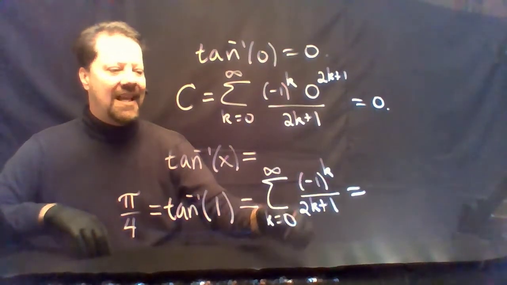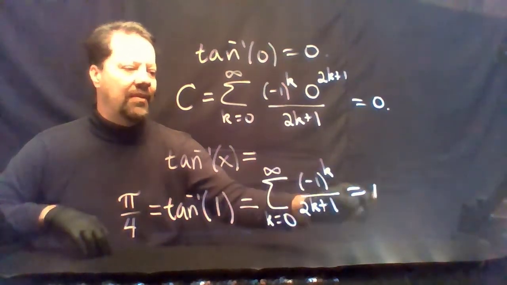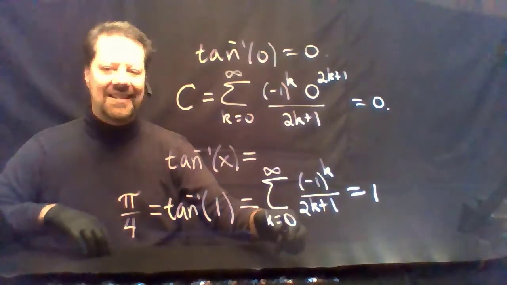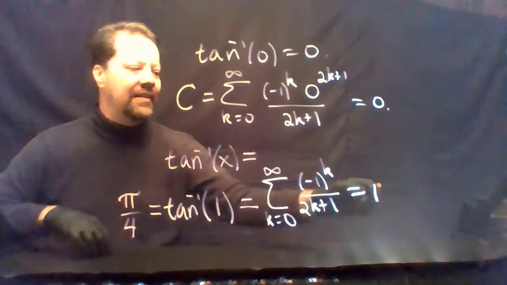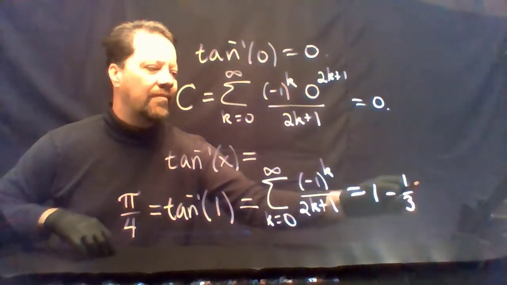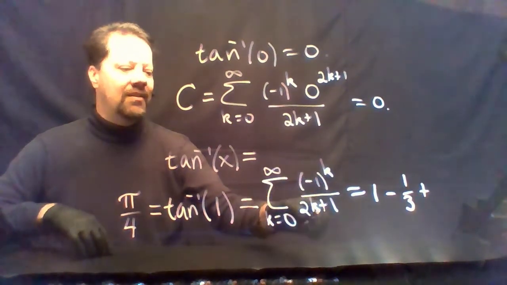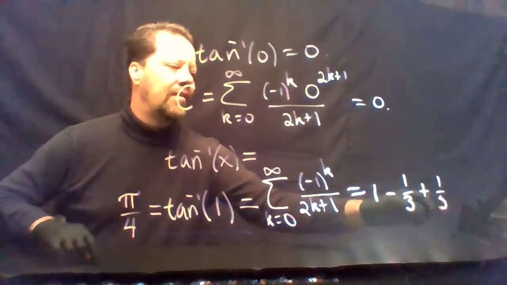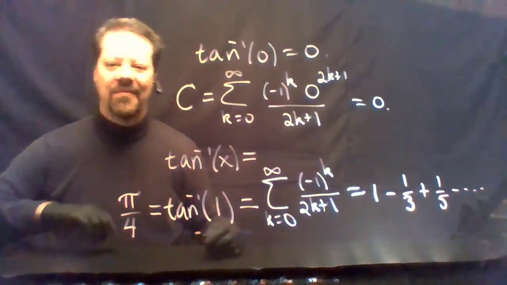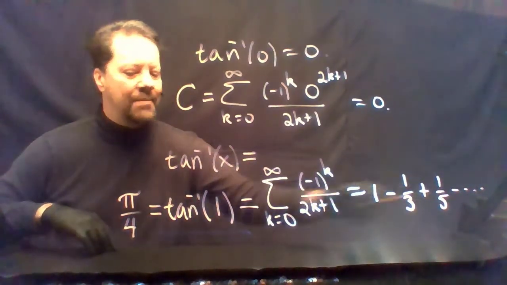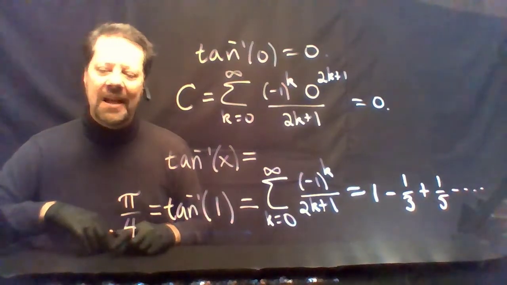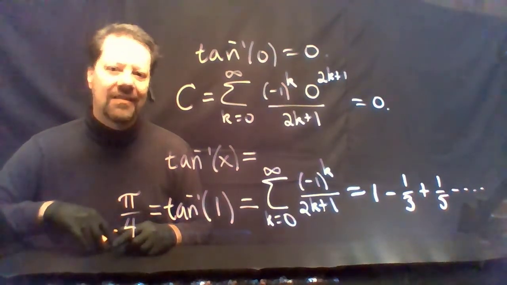Notice when k is equal to 0, you get 1. When k is equal to 1, you get minus 1/3. When k is equal to 2, you get 1/5. And so on. When you add these numbers up, you end up with pi over 4.